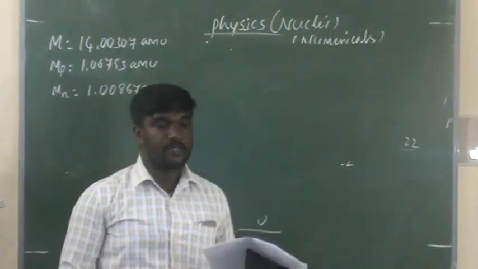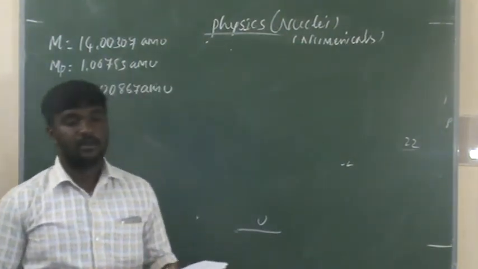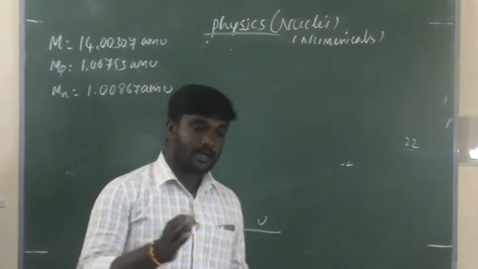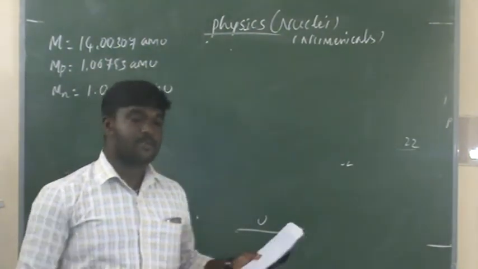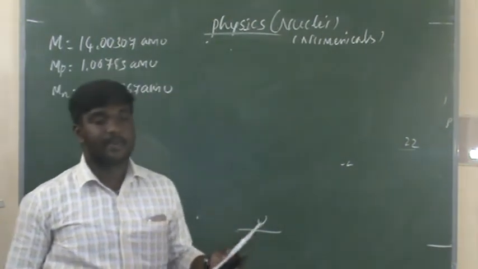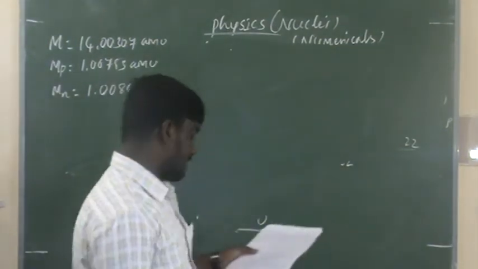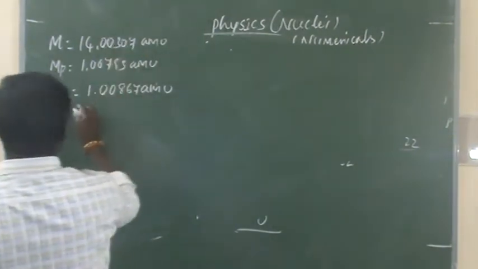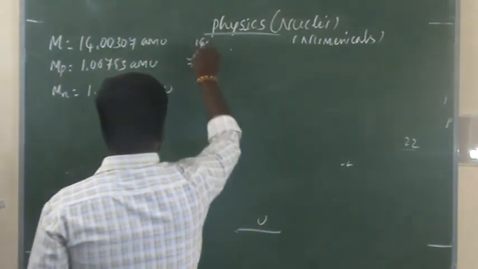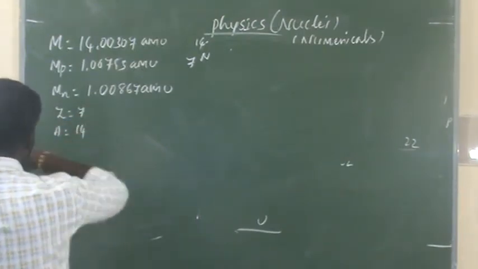The expression for mass defect is delta M equals Z Mp, mass of the proton, plus A minus Z Mn, minus rest mass of the nucleus. So what is the isotope? Nitrogen-14. Here atomic number is 7, mass number is 14.